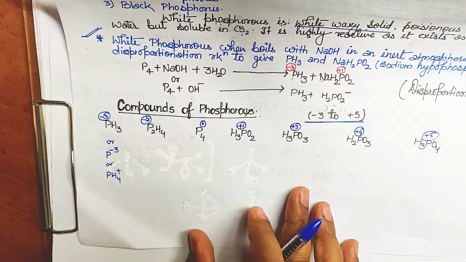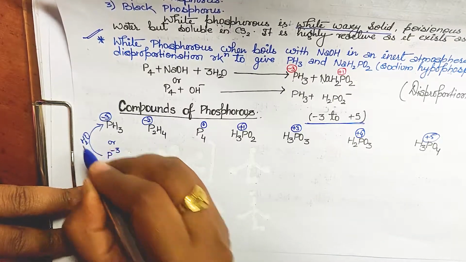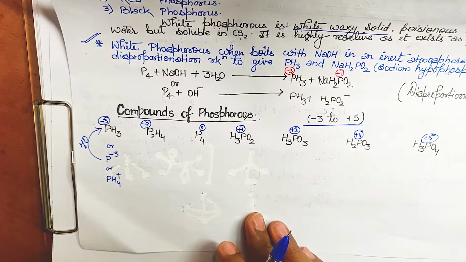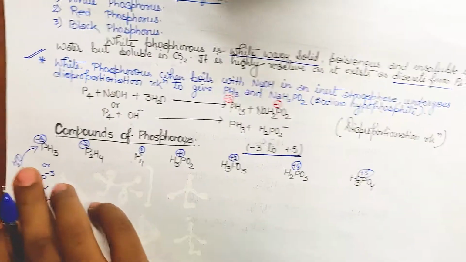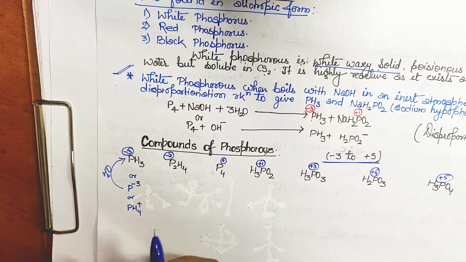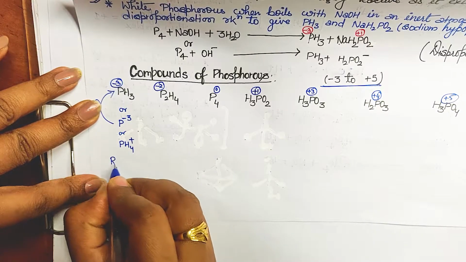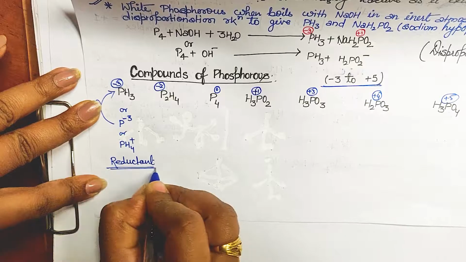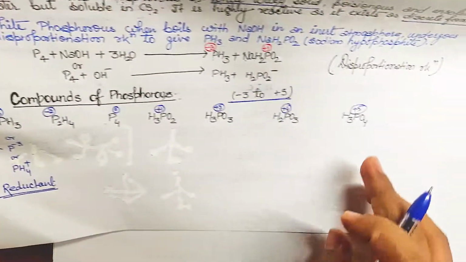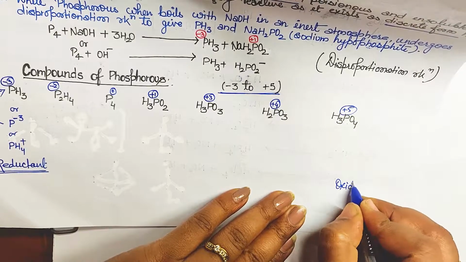On hydrolysis, this will give you PH3. Now this is the -1 oxidation state, so it acts as a reductant because it is in the lowest state. And this one is +5, so obviously it will be an oxidant.